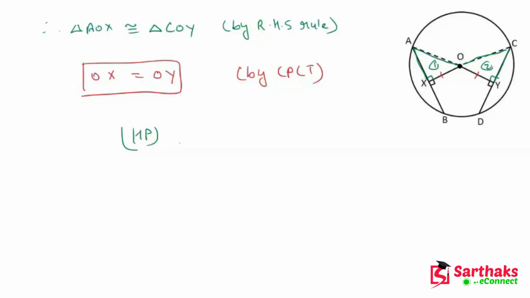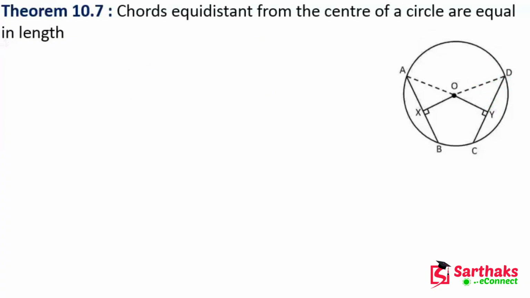Okay, now let's move on and see theorem 10.7. This theorem states that chords equidistant from the center of a circle are equal in length. This theorem is the converse of the previous theorem.